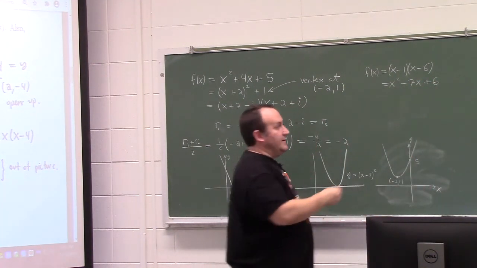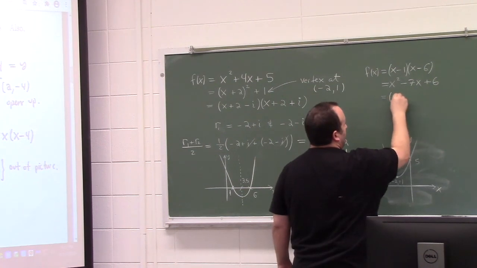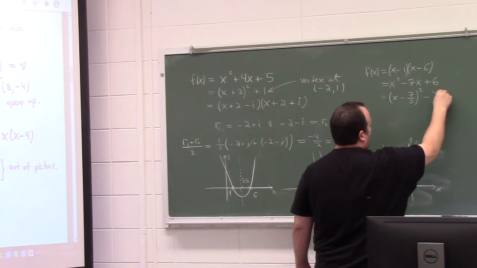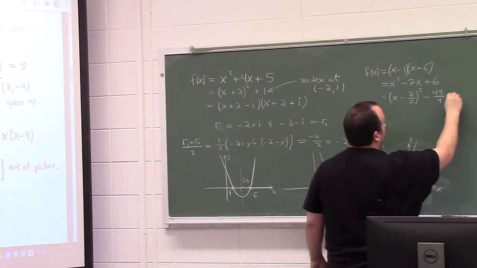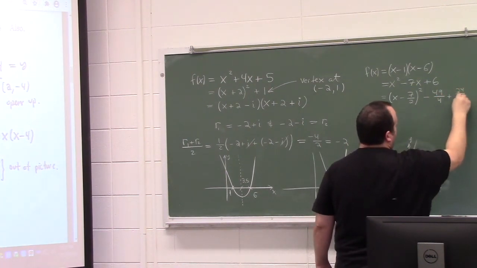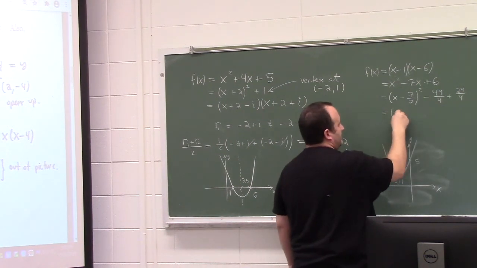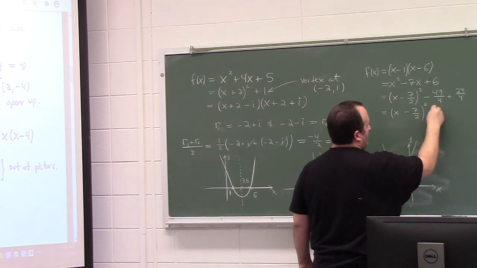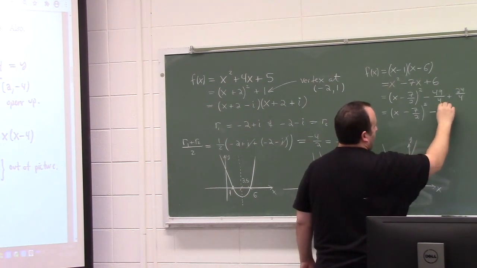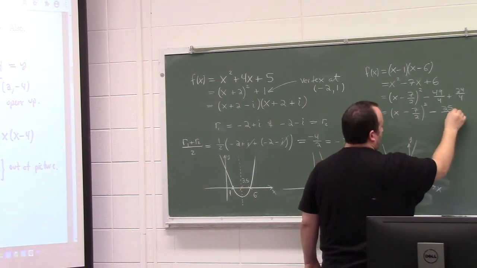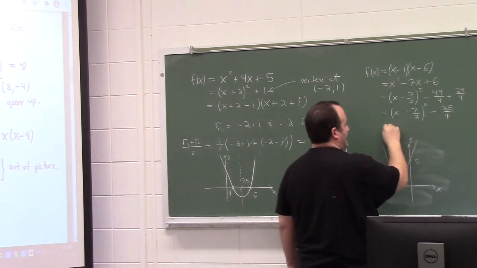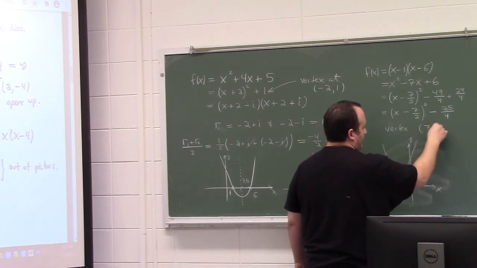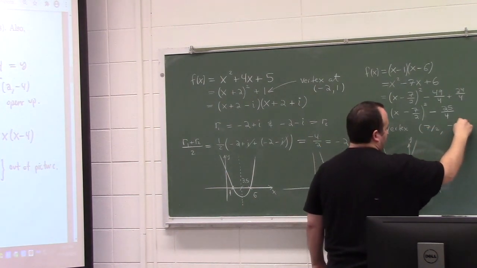So if we complete the square on that, you can see that the vertex is where? Well, it's at 7/2, minus 25 over 4.